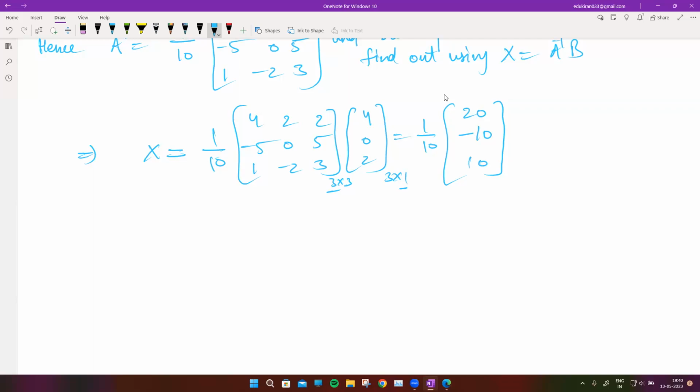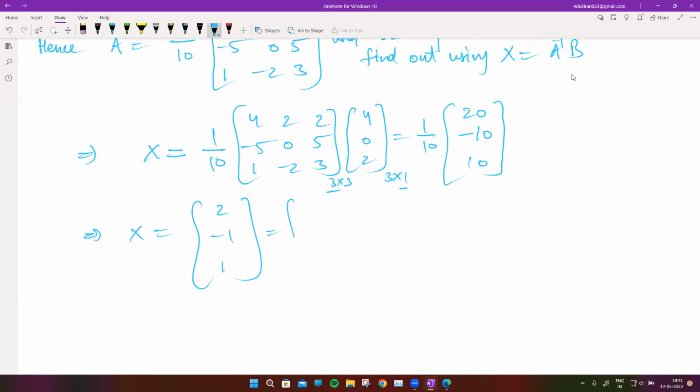Now, before even checking the solution, I have a feeling, in fact, a greater confidence, that we are correct. Why? Because this 1 by 10 can go inside and easily divide these three numbers. And we got a solution which looks like a solution. So if we take 10 inside, this would become 2, minus 1, and 1.